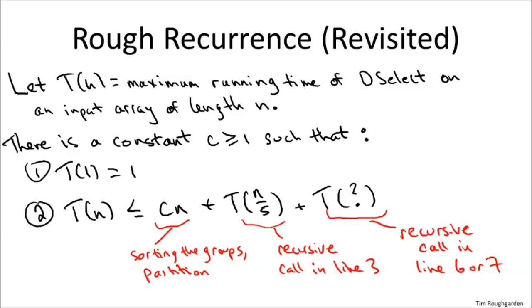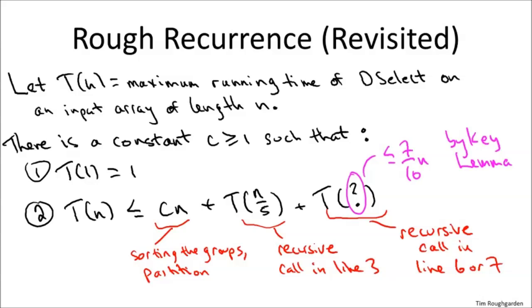The size of the input array on which we recurse depends on the quality of the pivot, and it was only when we proved the key lemma that we had a guarantee on the quality of our pivot. 30-70 split or better, what does that mean? That means the largest subarray we could possibly recurse on has 7/10 n elements. So what remains is to find a solution for this recurrence and hopefully prove that it is indeed big O of n.